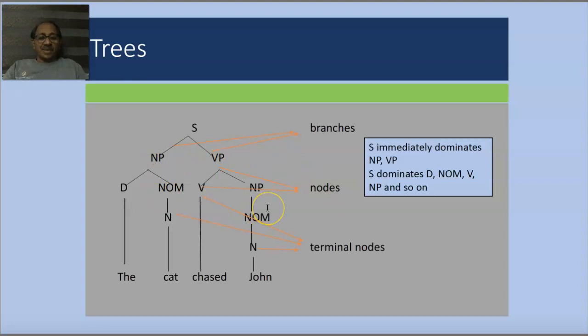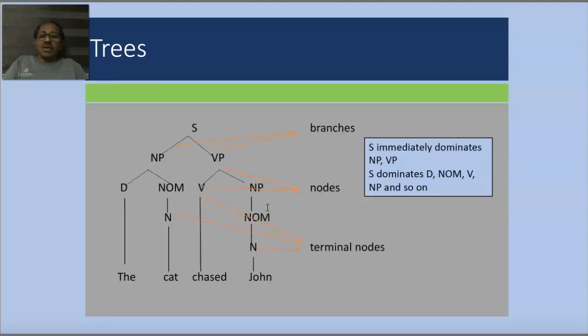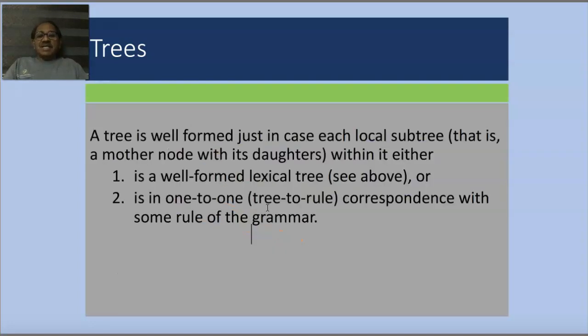This tree is well formed. How do you know that it's well formed? A well formed tree is one where each local subtree of that tree is a well formed lexical tree, or is in one-to-one tree-to-rule correspondence with some rule of the grammar. What does it mean?